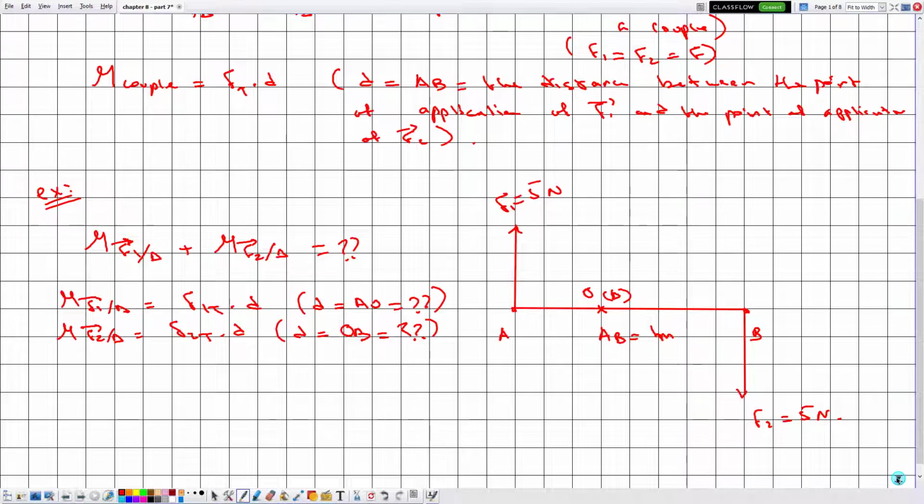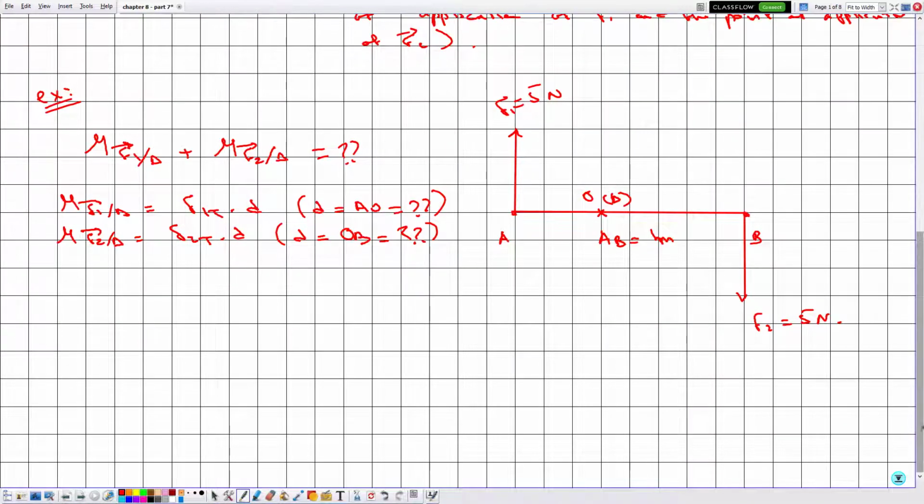So another way to solve this problem is to notice that the forces F1 and F2 form a couple. So the moment of the force F1 around delta plus the moment of the force F2 around delta is equal to the moment of the couple, since F1 and F2 form a couple.